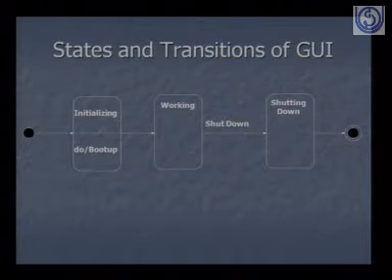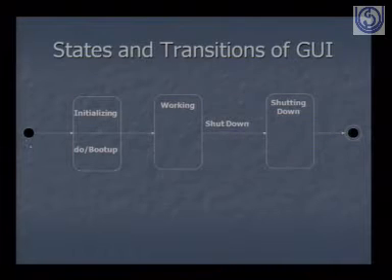Either it may be in an initializing state, and then it shifts to the working state, and after some trigger event happens, like if I press a command button called the shutdown button, then it is moving to the shutdown phase. So all the 3 events here are being depicted.